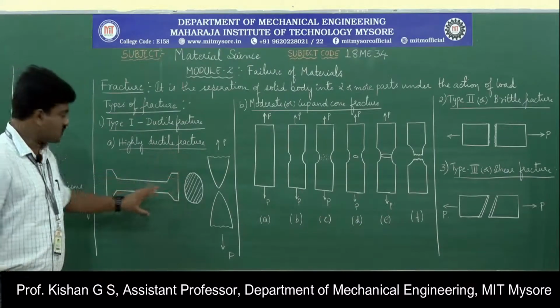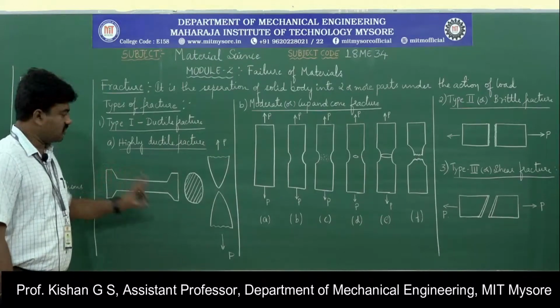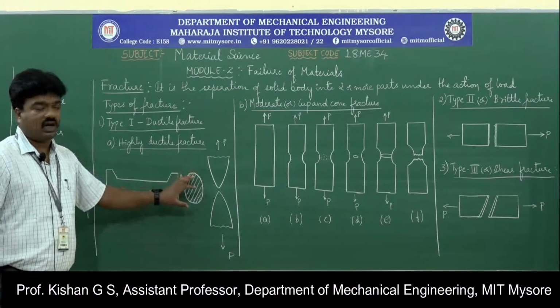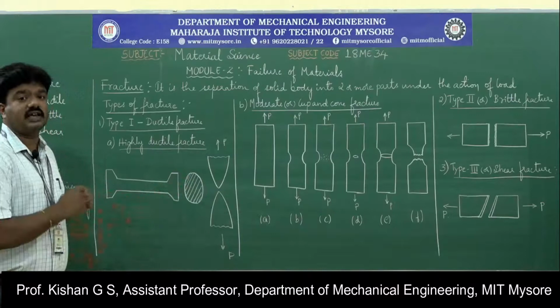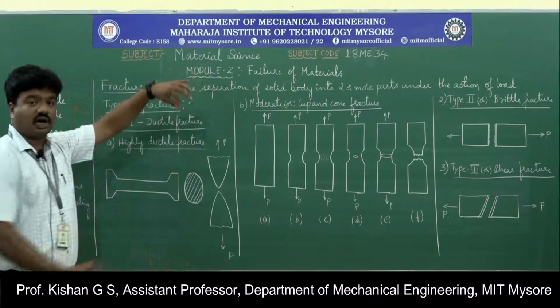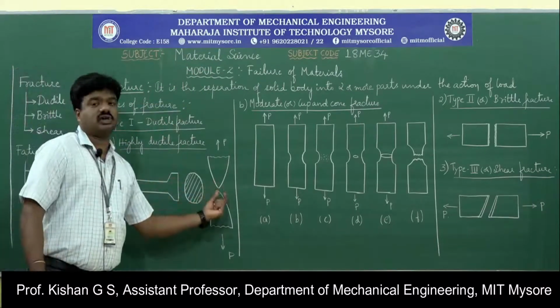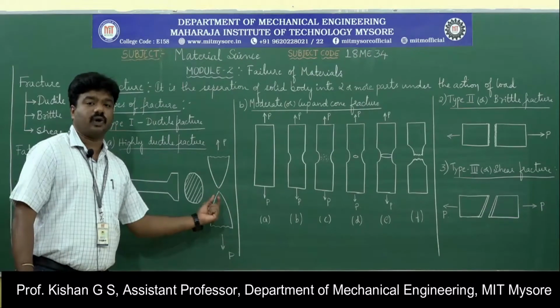So here what happens, consider this as a test specimen, and the cross section of the test specimen is circular in its nature. Upon application of tensile loading condition, that is when the material is being loaded in the opposite directions outside, that leads to reduction in the cross section of the material at one particular point.